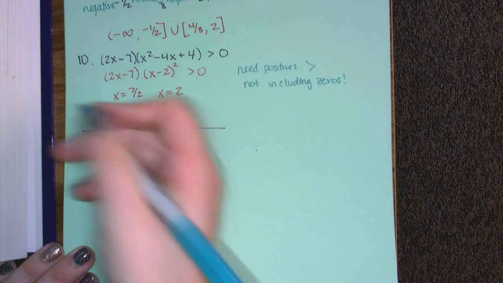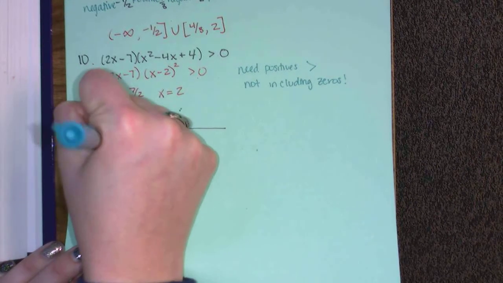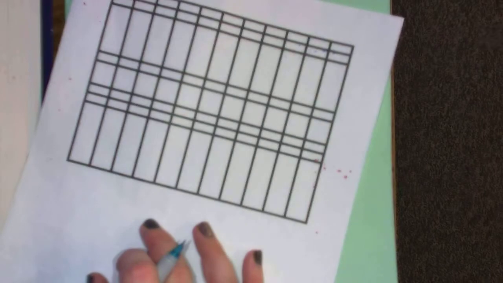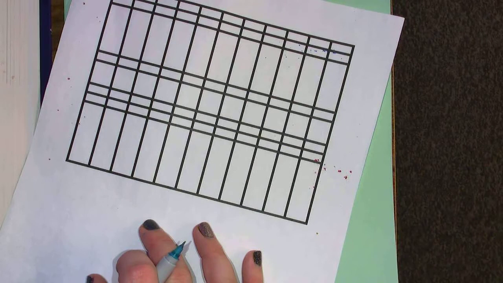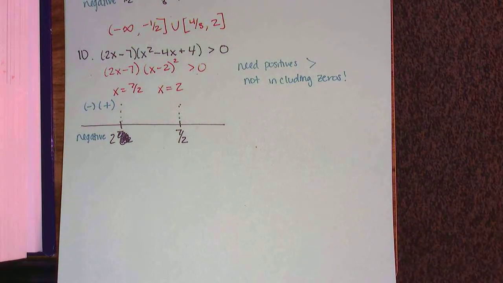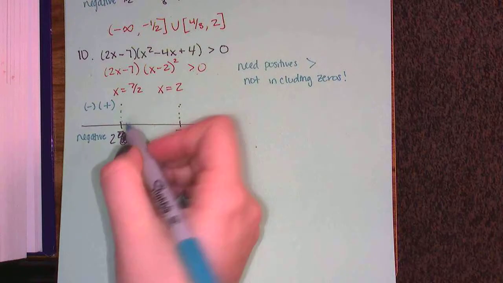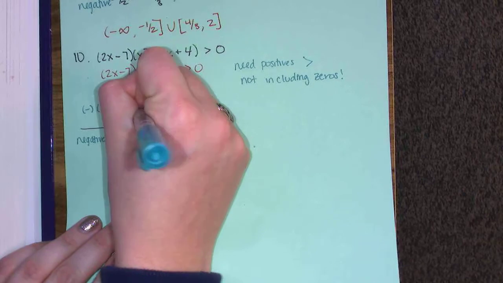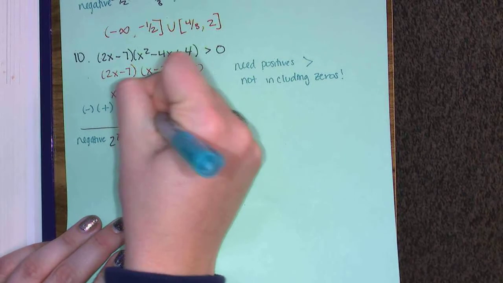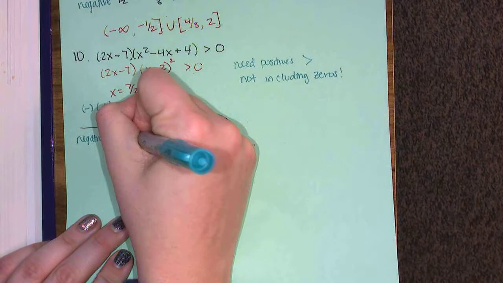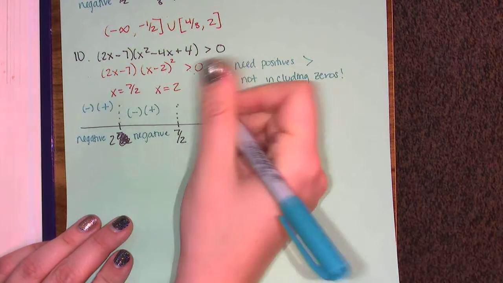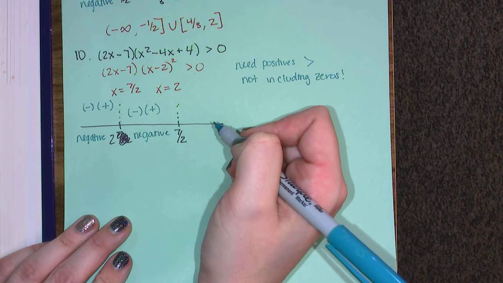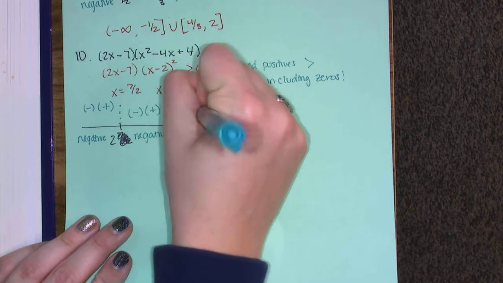So this value is negative. Let me try to get this focused back in a little better so you can see it. Alright, and then how about in this range? Negative and then positive. Okay, so it is negative. And how about over here? I think I heard positive.